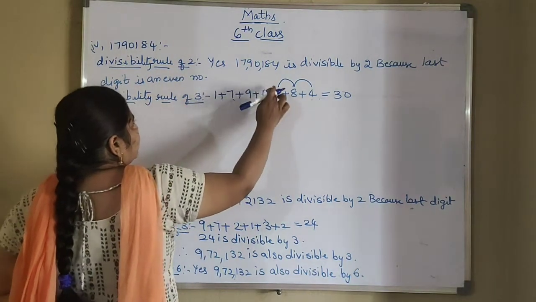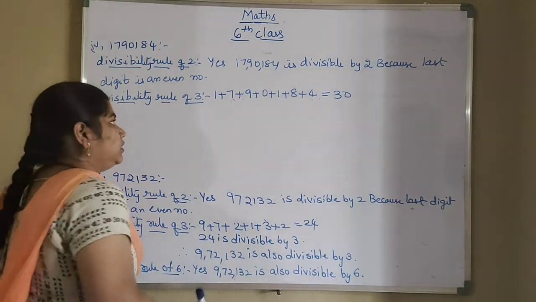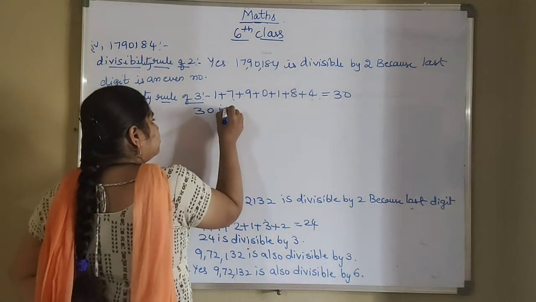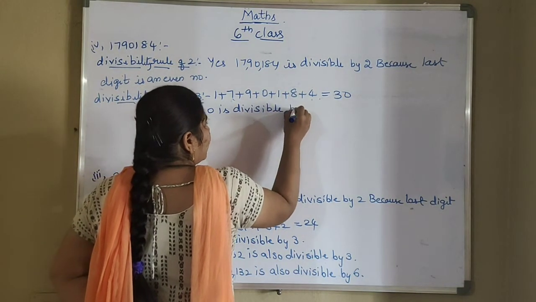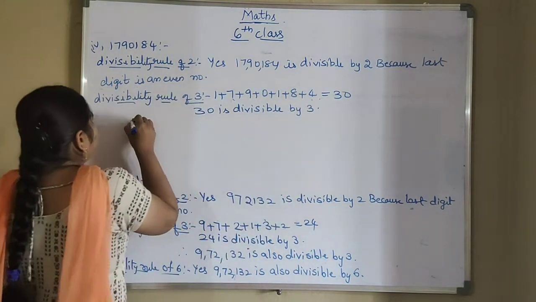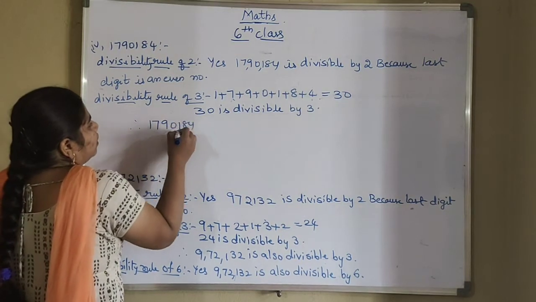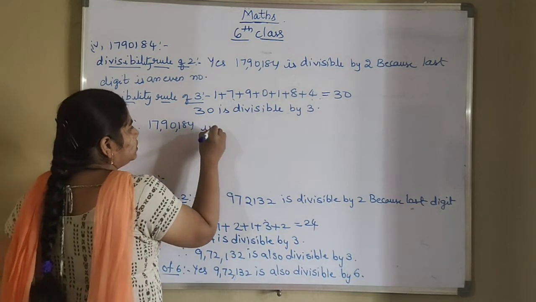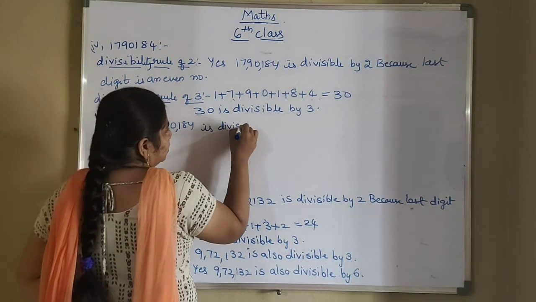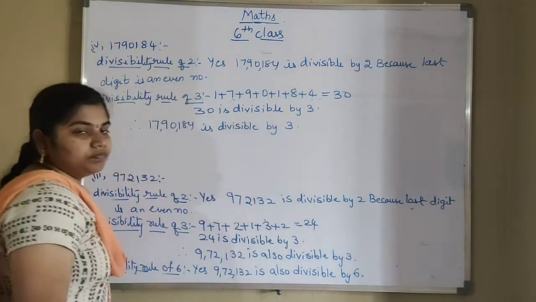So 30 is a multiple of 3. So it is divisible by 3 there. So 30 is divisible by 3. Therefore 17,90,184 is divisible by 3. Okay.